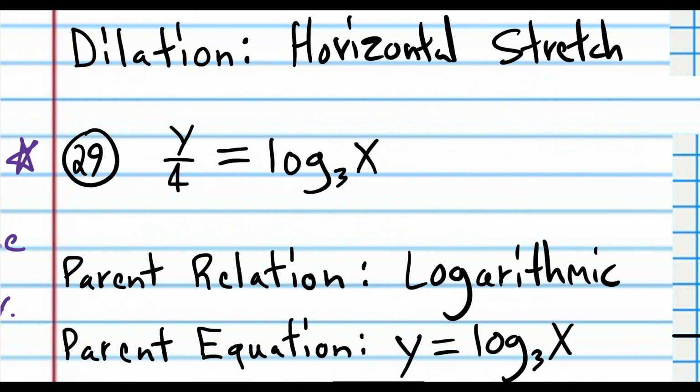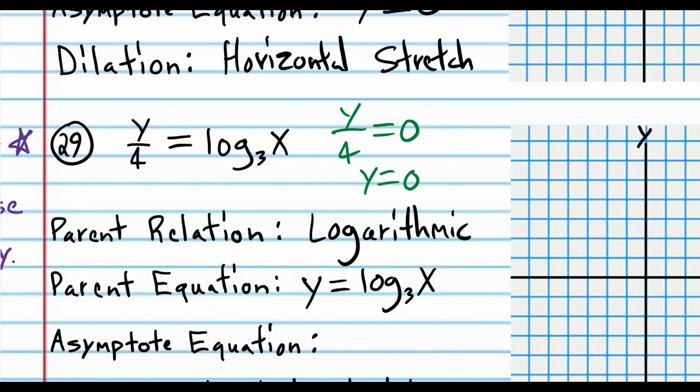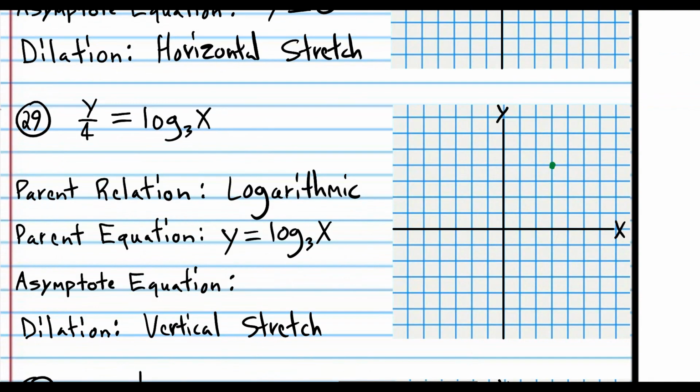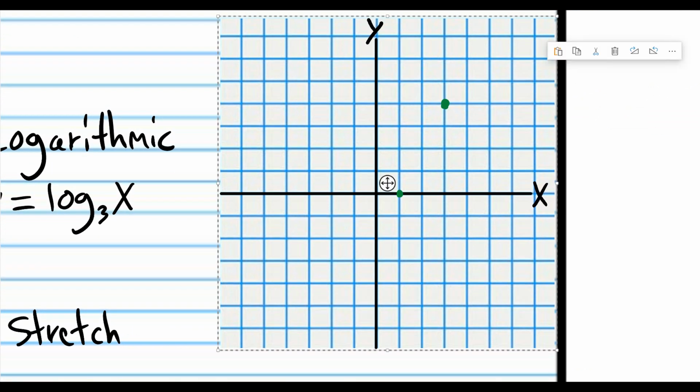Now, if you plug in 1 for x, remember the value of the logarithm is going to be 0, and then we get y over 4 is equal to 0, and then we solve for y, and y must be 0, multiplying both sides by 4. So if x is 1, y is 0. So notice that that important point on our parent graph didn't change location.